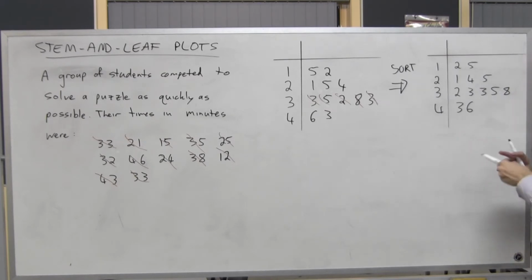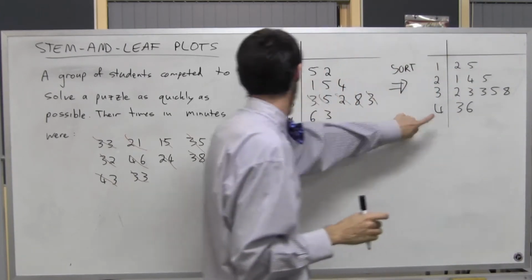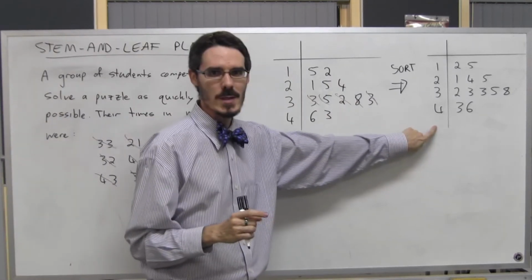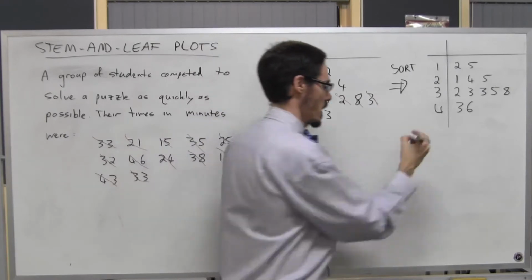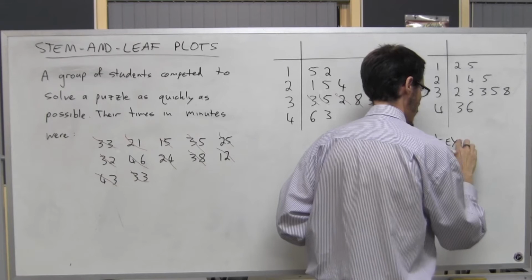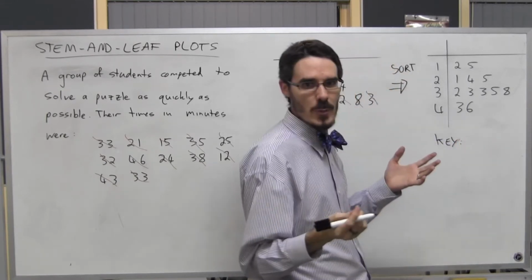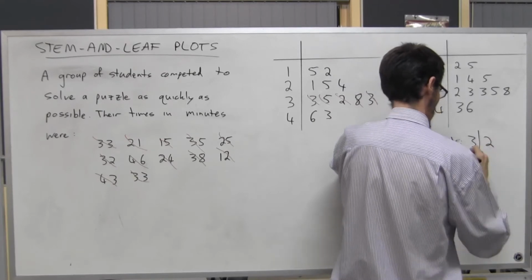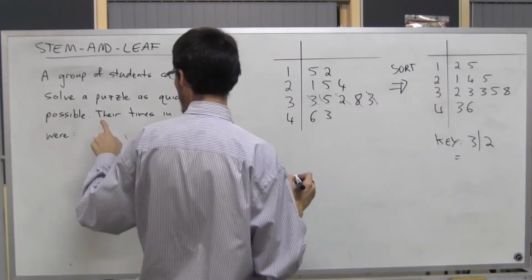There goes my ruler. This is almost the finished stem and leaf plot. What I have to do here, to make sense of this data, is give a key that interprets these values. So my key says, pick any data point, doesn't matter. 3|2 means, what are these?